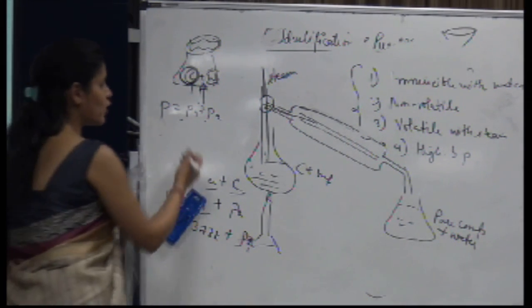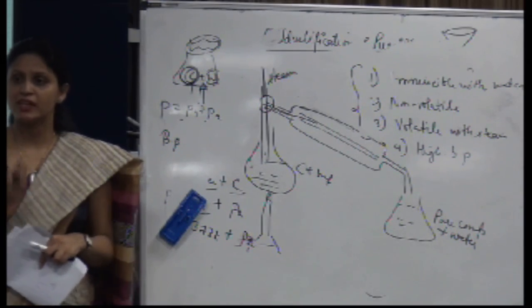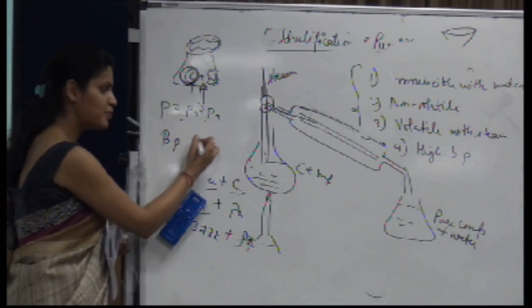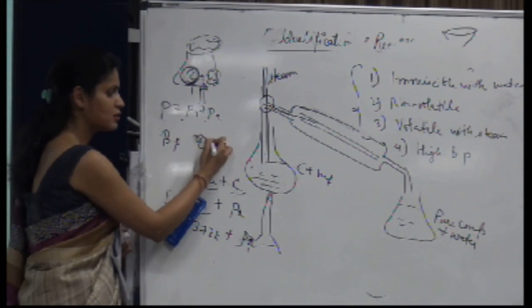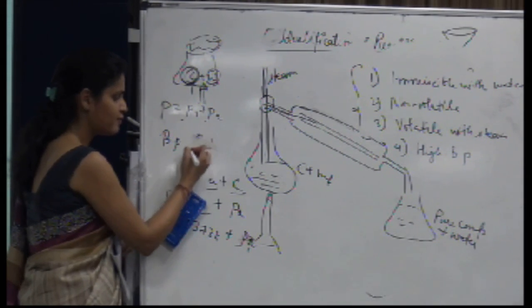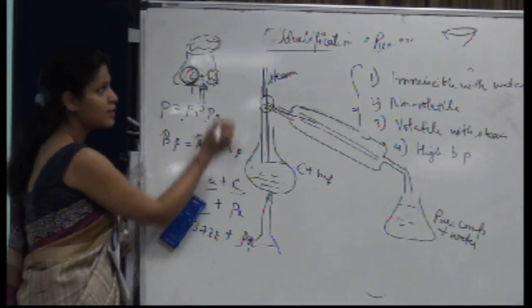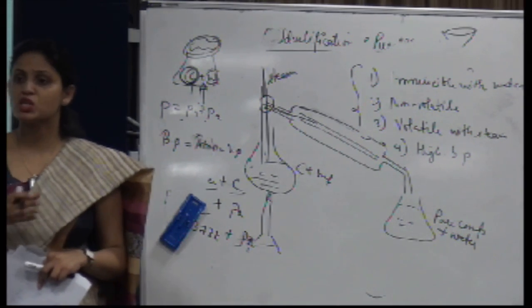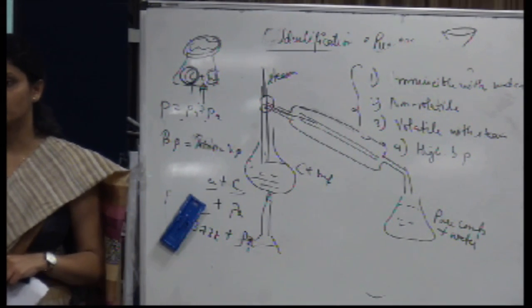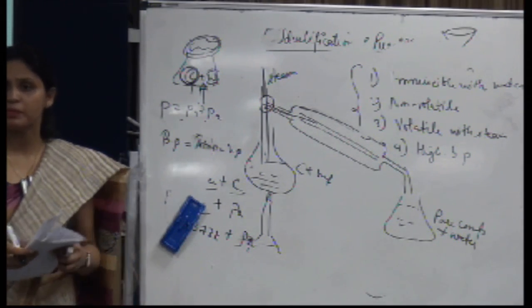What is boiling point? Boiling point is the temperature at which the atmospheric pressure, or I'll say the external pressure, is equal to the vapor pressure. This vapor pressure is greater due to the combination of water and the compound as compared to the individual vapor pressure.